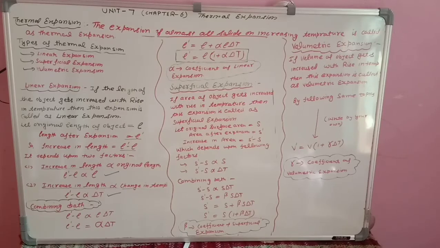Alpha is coefficient of linear expansion, beta is coefficient of superficial expansion, and gamma is the coefficient of volumetric expansion.